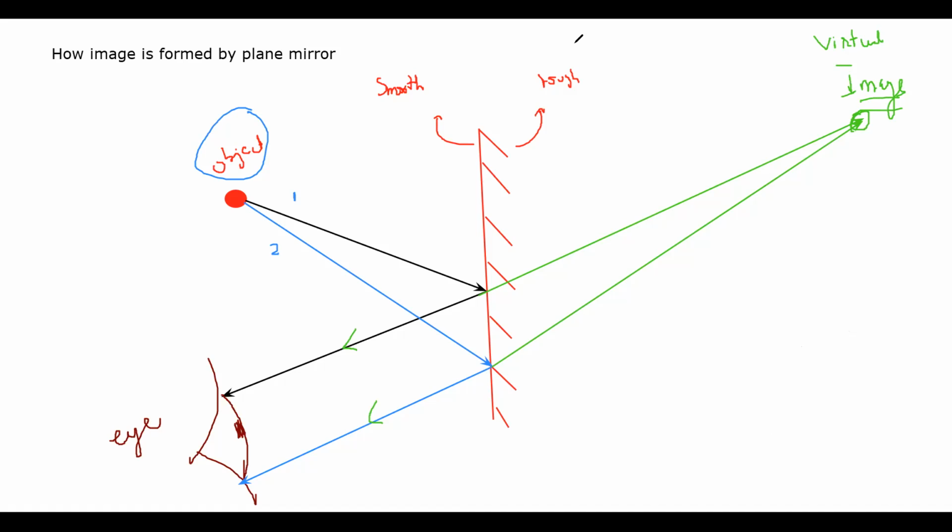So I'll repeat. Look what happens if you have a reflecting surface. For example, if this is a reflecting surface, and here you have an object in front of the mirror.